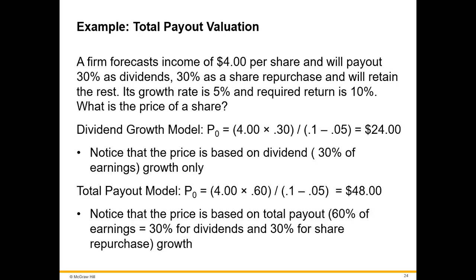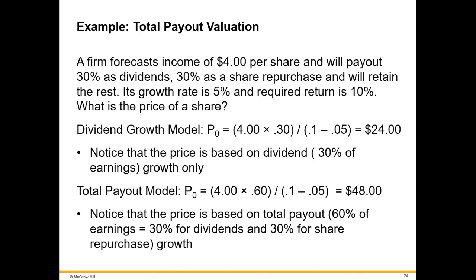So they're really going to receive 60% of the $4, 30% in dividends, and 30% for share repurchase. So $2.40. Well, if we look at total payout and take our discount rate minus our growth, this is saying that the price should be $48.